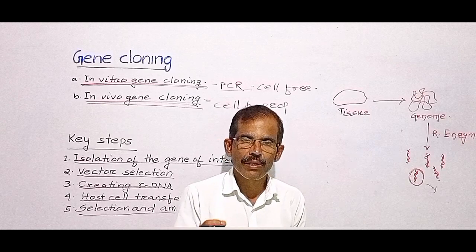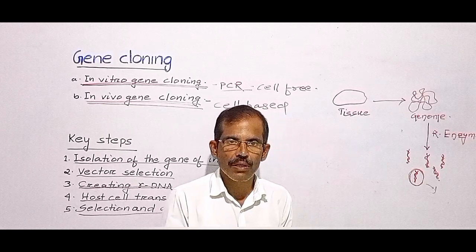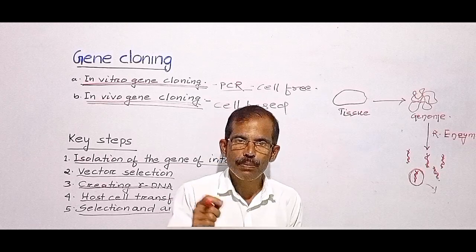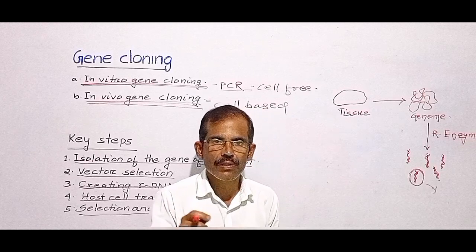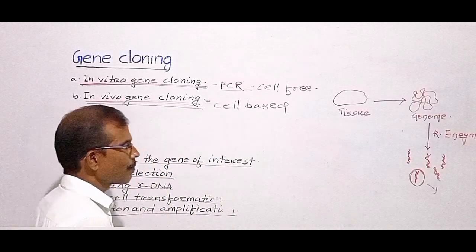In the next step, the gene will be inserted into a suitable cloning vector so that it will be able to replicate in bacterial cells.